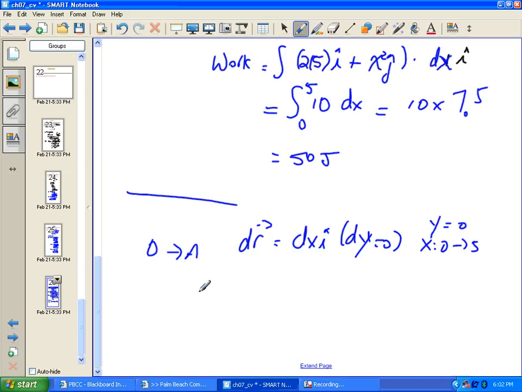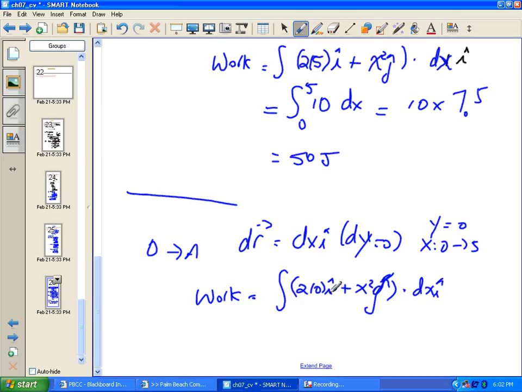Okay, the first integral for the amount of work is equal to 2 times y, which is equal to 0 i hat, well, that will be 0, plus x squared j hat, and the whole thing dotted with dx i hat.